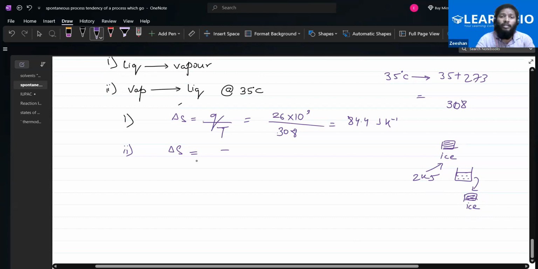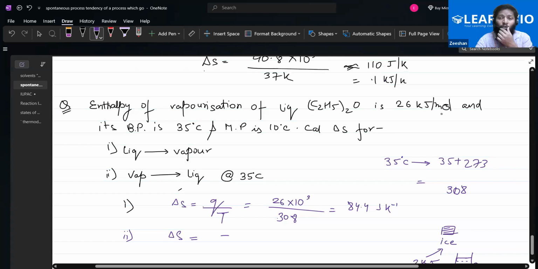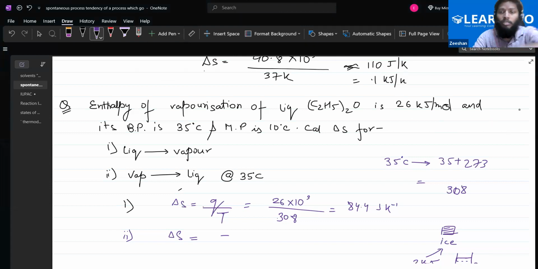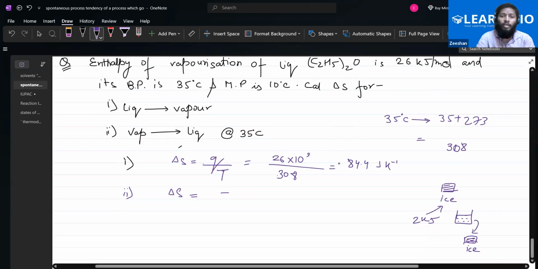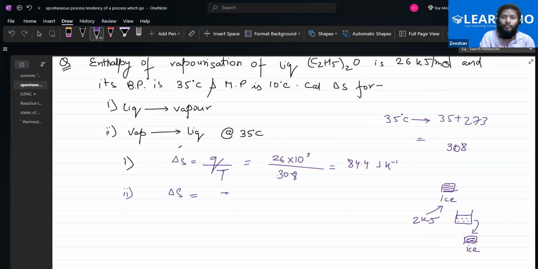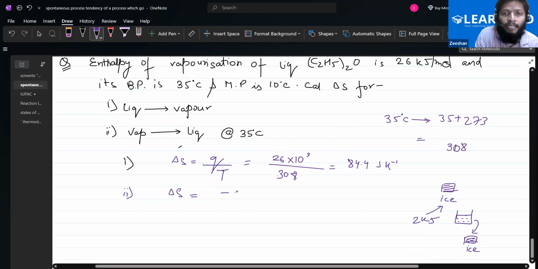So the same thing is here. We are giving 26 kilojoule to 1 mole of this liquid. If this much heat is extracted from this 1 mole, then it will convert into liquid. So this will be minus 26 kilojoule per mole, and the rest will be the same.